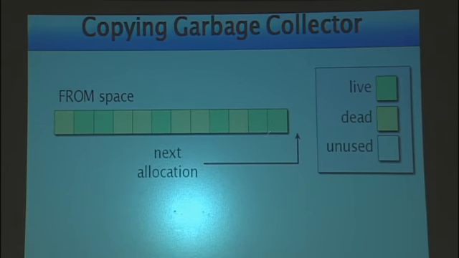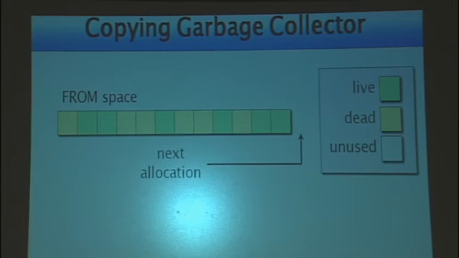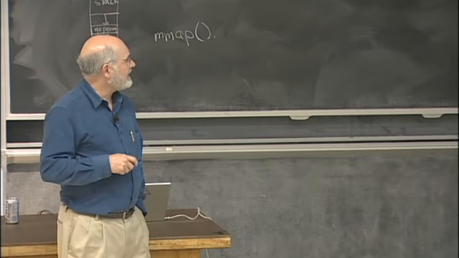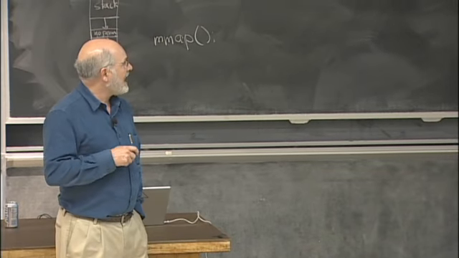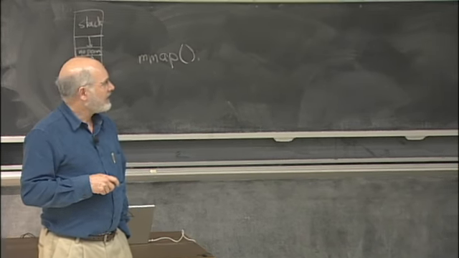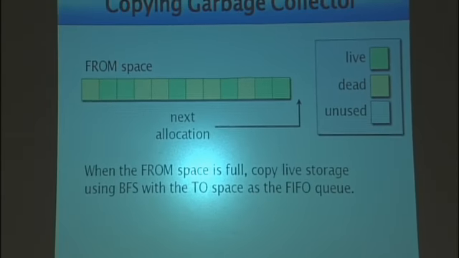So when I get to this point, now what I do is I'm going to do breadth first search on the from space, okay? And what I'm going to do is I'm going to copy, using the live storage here, using breadth first to a 2 space, okay, where the 2 space implements the FIFO queue, okay?